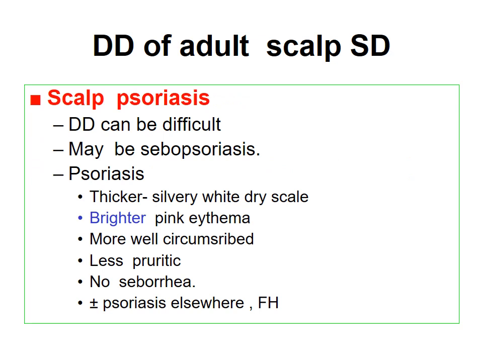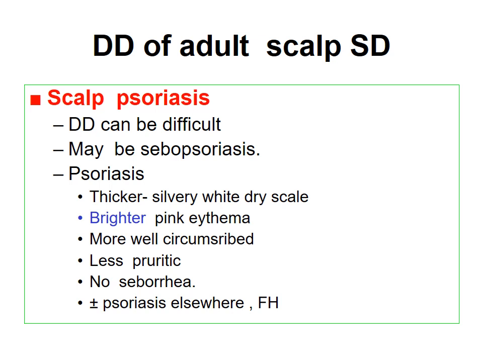This is very important: look at the differential diagnosis of adult scalp seborrheic dermatitis. Other than seborrheic dermatitis of the scalp, you have to exclude psoriasis. Sometimes, as I mentioned, there is a mix of psoriasis and seborrheic dermatitis, what's called sebopsoriasis.